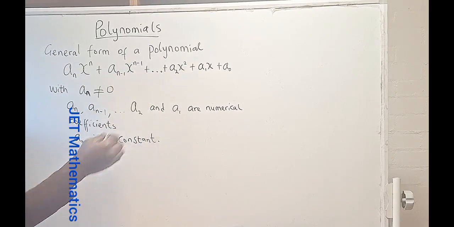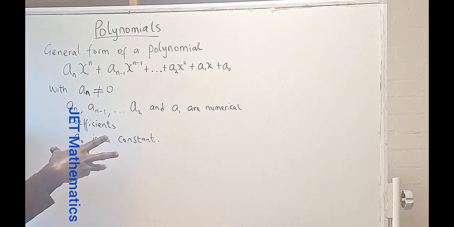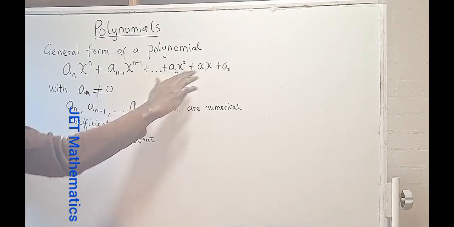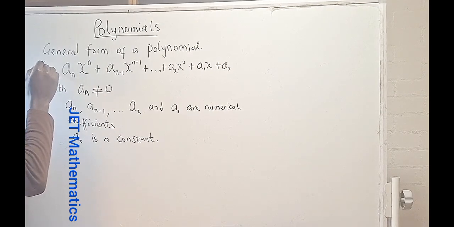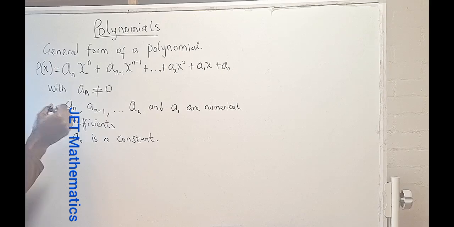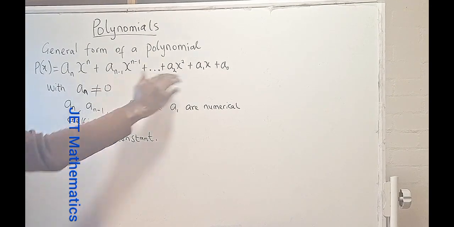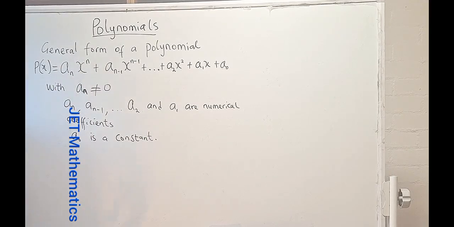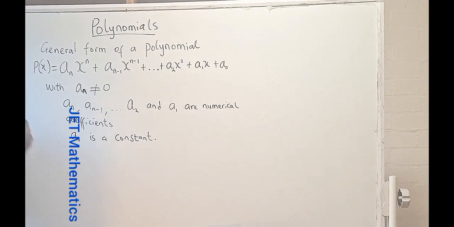Now, a polynomial could be an equation, a function, or an expression. In this case, it's written just as an expression, but then I can make it a function, say p of x is equal to this. So it can be an expression, an equation, or a function. So that is that for polynomials.